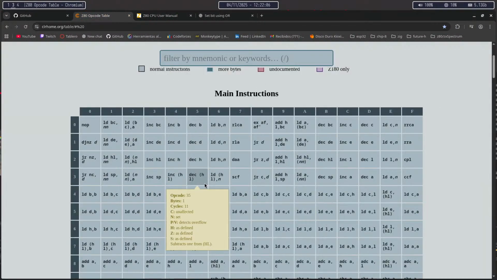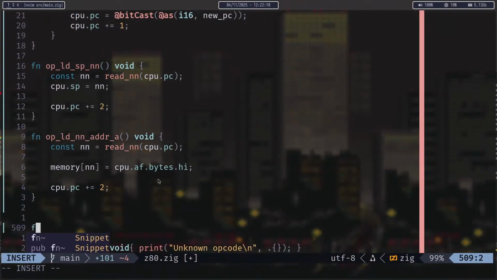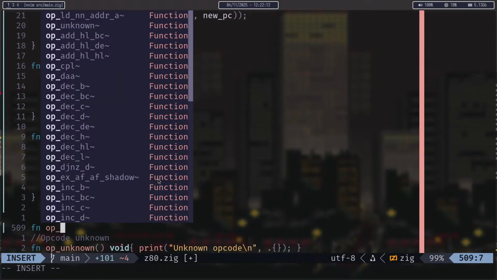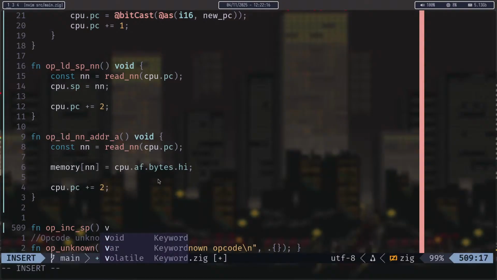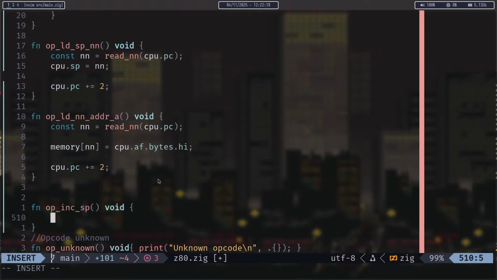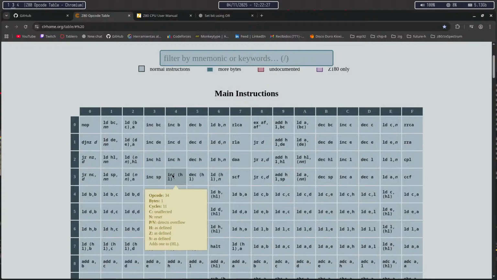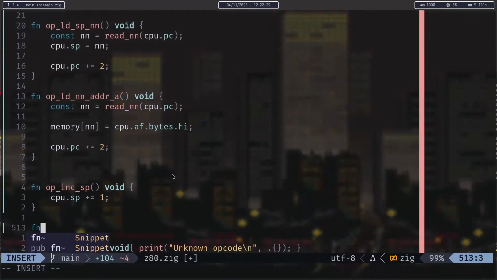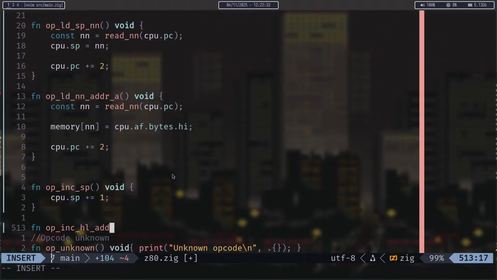Alright. Inc SP. Fn op inc SP transport as well. So CPU SP plus equals 1. Alrighty, inc HL, so op inc HL address void.